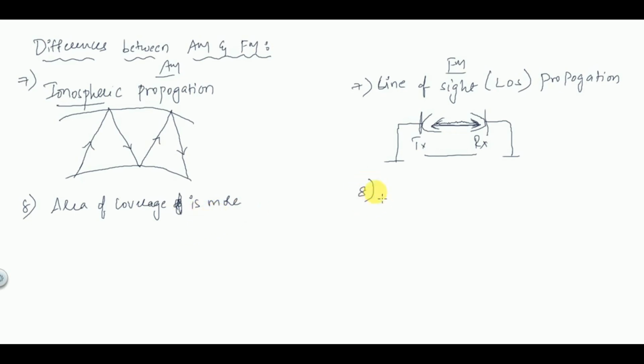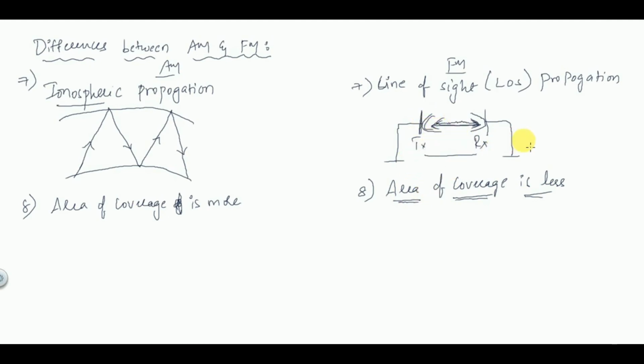And in FM the area of coverage is less. Okay, so that is why an FM signal which is popular in one area cannot be listened to in another area. That is because of line of sight propagation.